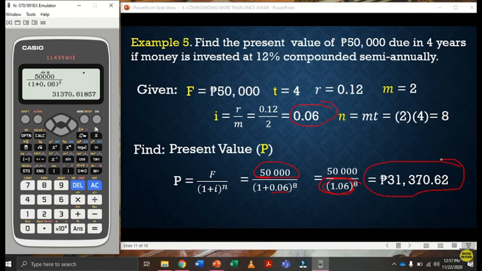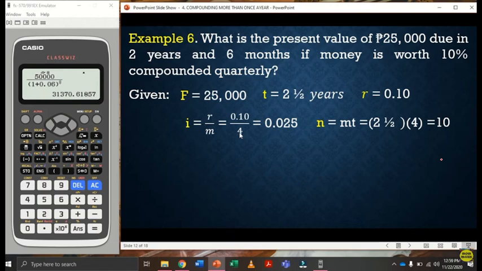Okay? So next is example number 6. What is the present value of 25,000 due in 2 years and 6 months if money is worth 10% compounded quarterly? I-write nimo ang given na 25,000.